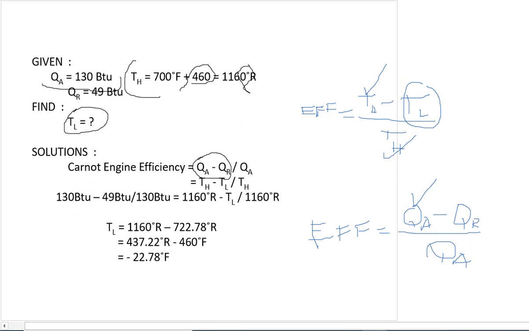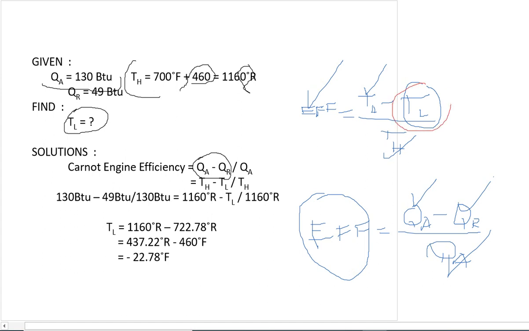Ito naman, QR. Given to eh, 49 eh. Given din to eh. So, okay. Makukuha pala yung efficiency. Ayun, nakuha mo yung efficiency. Check na yan. So, one equation, one unknown.